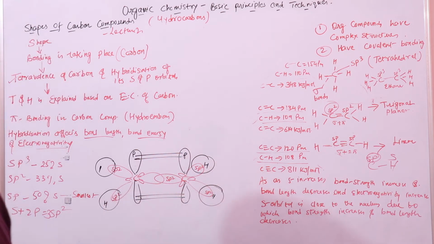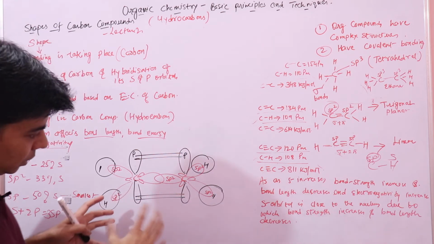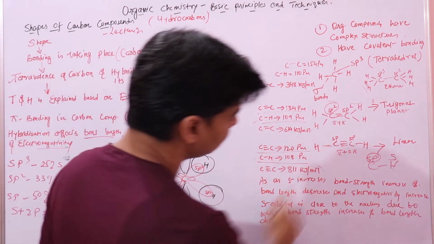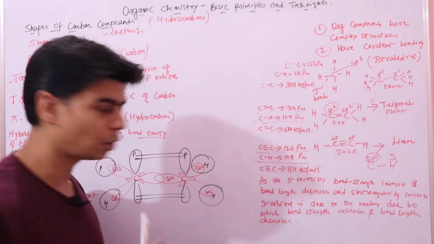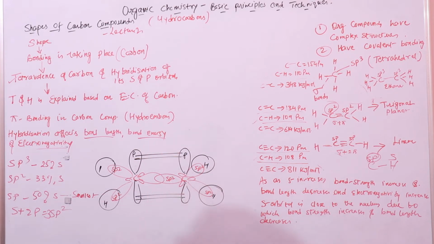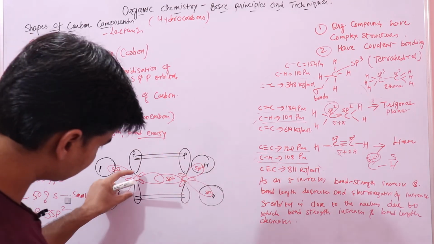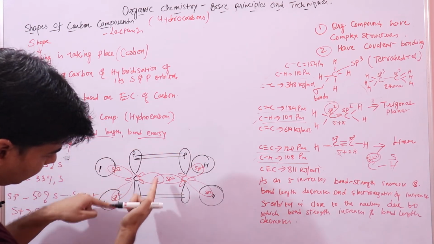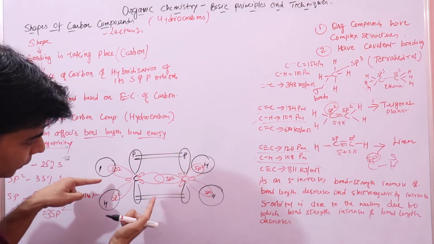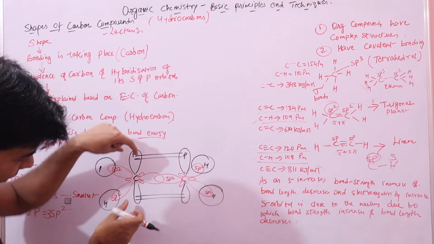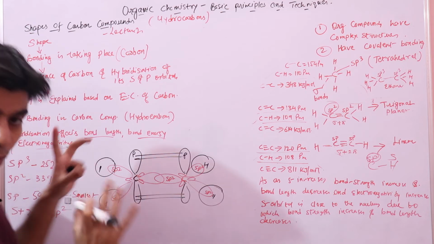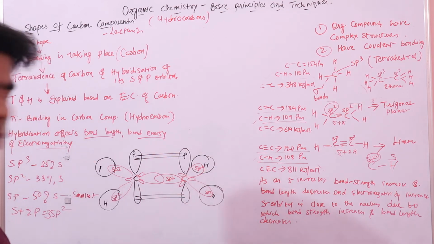Now we have a concept that this carbon-carbon bond should not be rotated. Say if I try to rotate this carbon, then on rotating it, the rest of the atoms are no longer in the same plane, they are not coplanar.